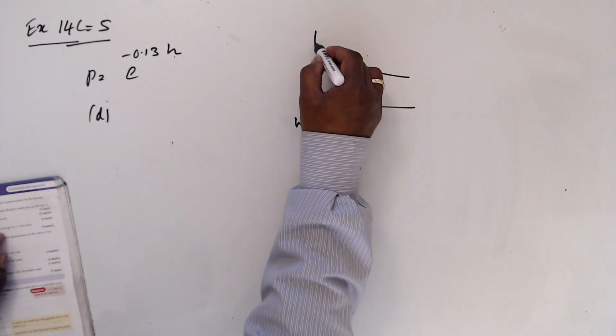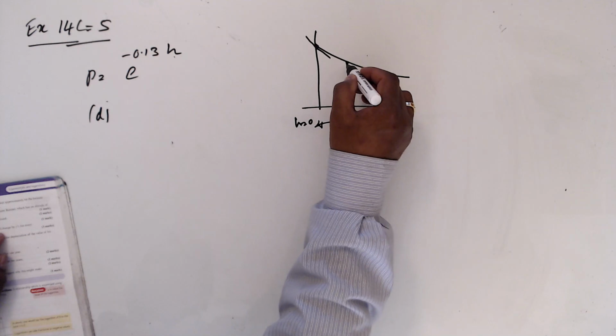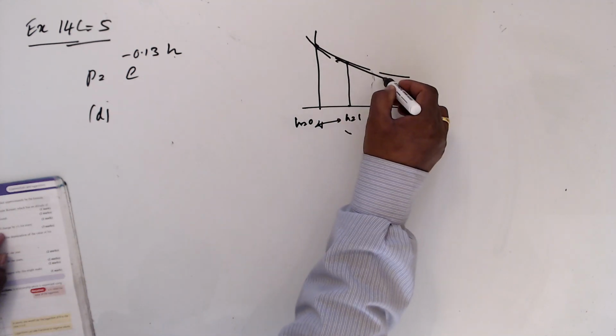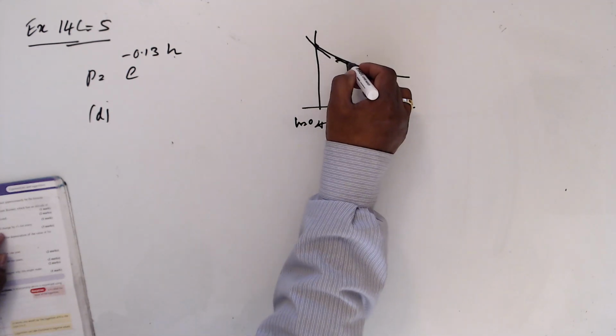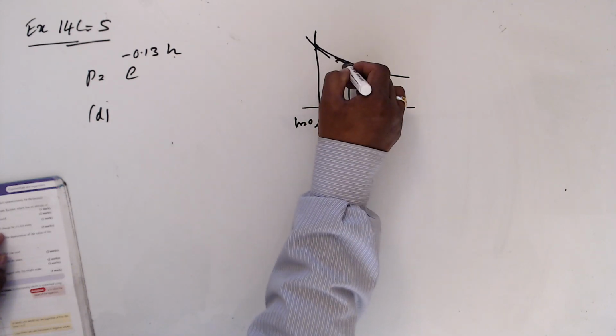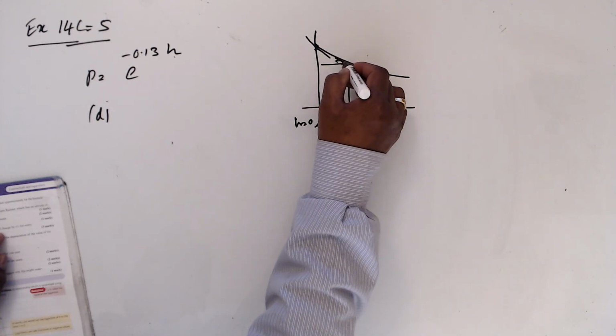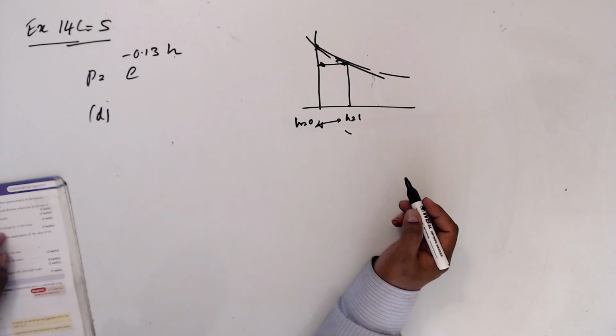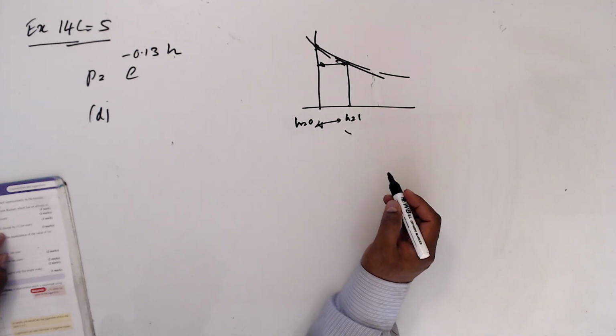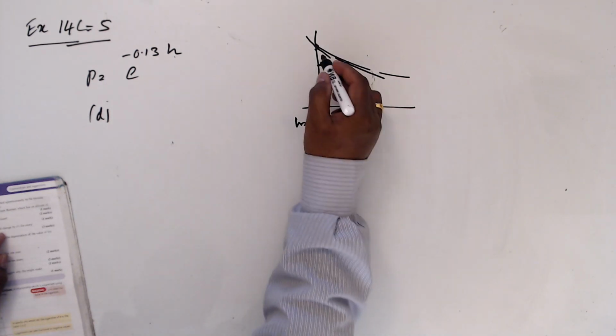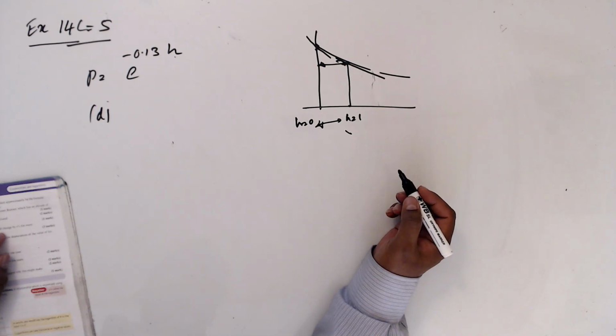So we want to find the rate of change here, and we want to find the rate of change here, and we want to get the rate difference for a kilometer, and we want to express it as a percentage.